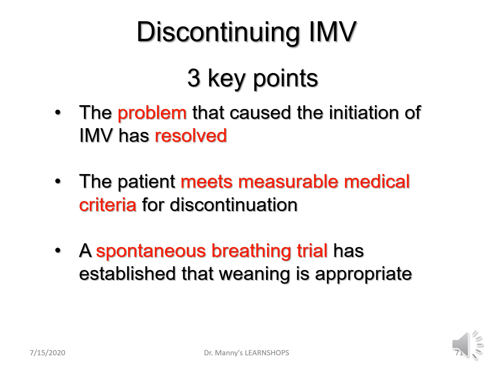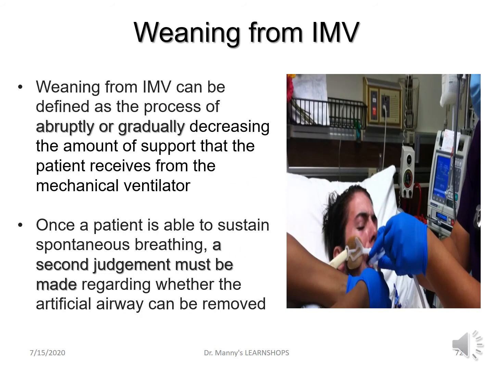The patient meets the measurable medical criteria for your department, policy, organisation for discontinuation. Or a spontaneous breathing trial has established that weaning is appropriate for this patient. So weaning from IMV can be defined as the process of abruptly or gradually decreasing the amount of support that the patient receives from a mechanical ventilator.